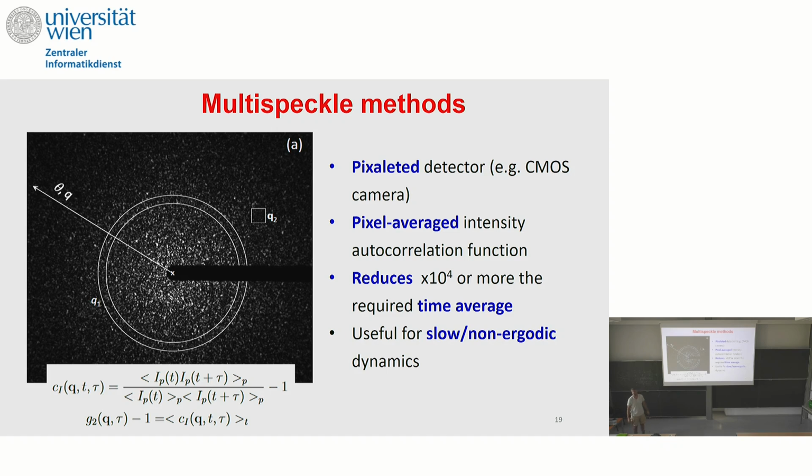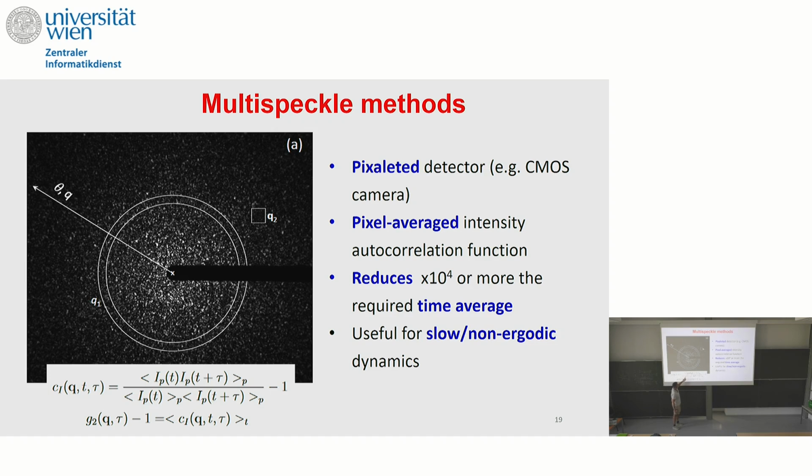Another question. P means a pixel. But the double average, I don't get. You take the intensity of one pixel, and then you average over the intensity of the circle.